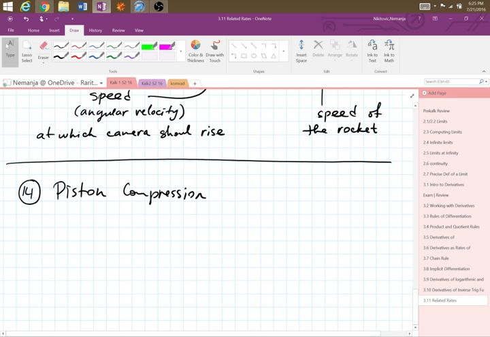So we have a cylinder, and then there is a piston, which is something that you push in and you can compress. Let's say this is air inside, it has a certain density, and as you decrease the volume, the pressure goes up.